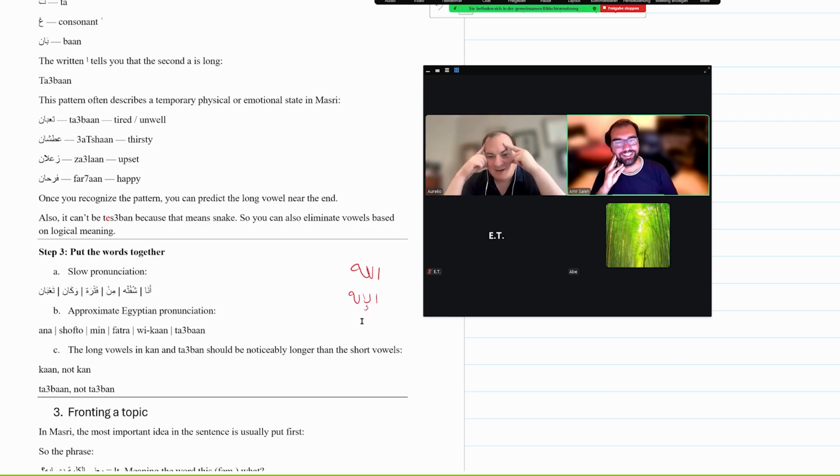So here, the second A, the E at the end with the Hamza, is completely removed and both are written together. Allah is actually a very interesting word because it always has this very specific diacritic. So even if you write it down in your phone, you will find that it automatically does it. Yeah.